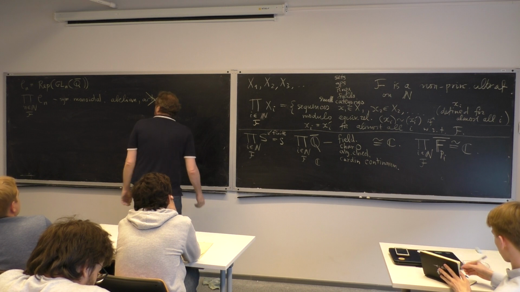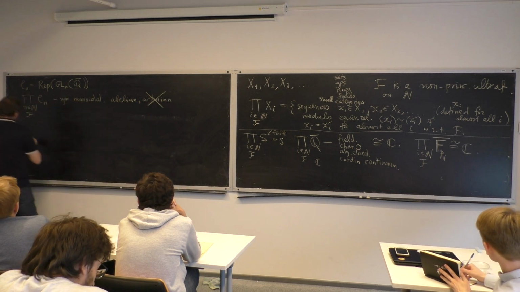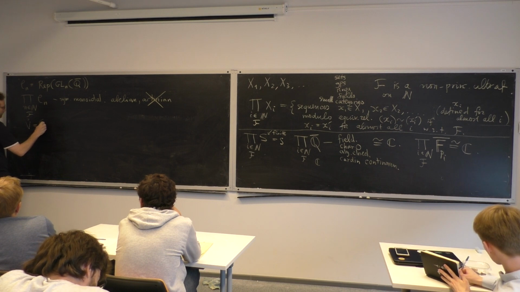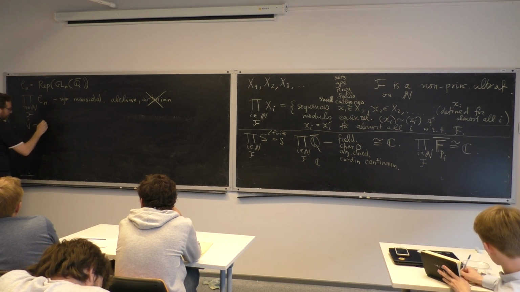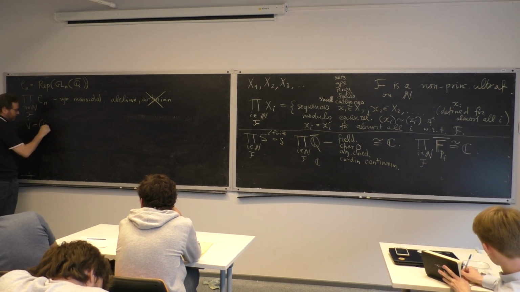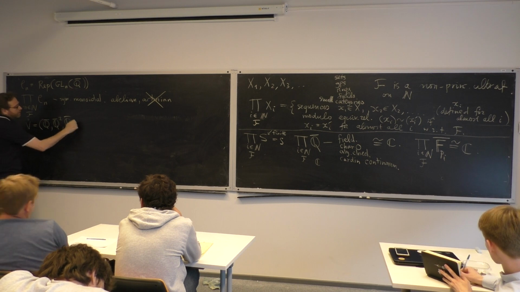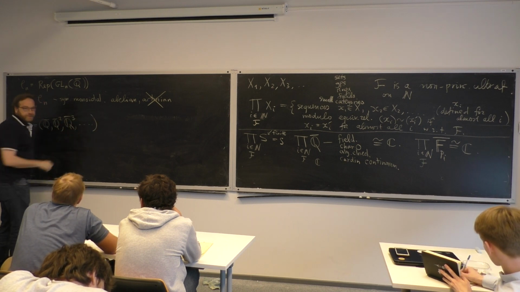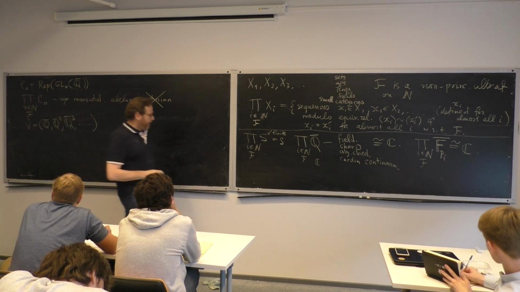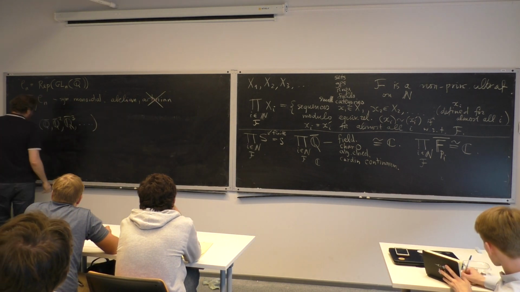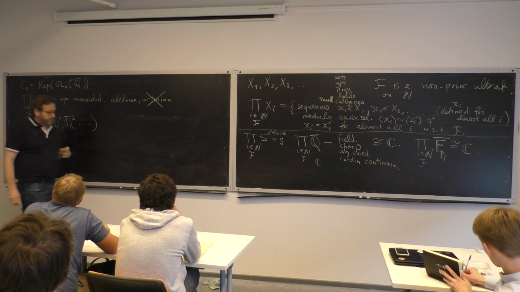But what we can do is, there is an object V in this category, which is the sequence of Q bar squared, Q bar cubed, and so on. This sequence is the vector representation.